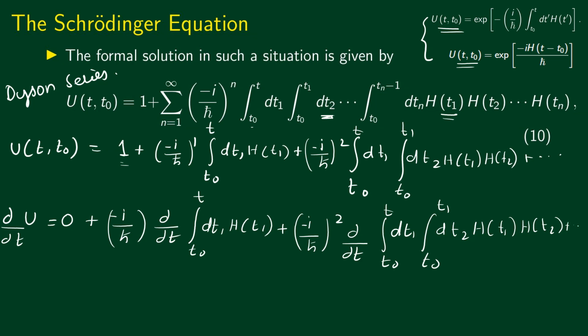Let me just put a bracket in here. That is, we first have to carry out this integration, and whatever result is obtained, it has to be integrated over t1 also. That's the idea.